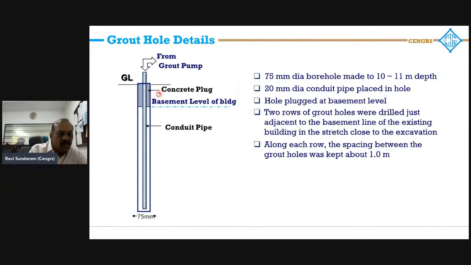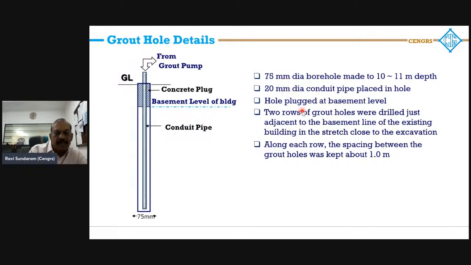So this is what was done. A borehole was made, 75 mm diameter. A concrete plug was placed up to the basement level, and using the grout pump, the cement slurry was pumped in. So 75 mm diameter holes to about 10-11 meter depth.